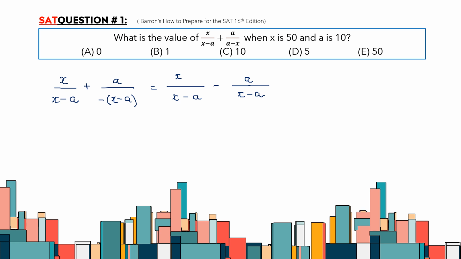So now we have two fractions with the same denominator, different from 0. We can add the numerator together, so x minus a over x minus a, and that gives us equal 1. So the answer for this question is 1 without plug-in.